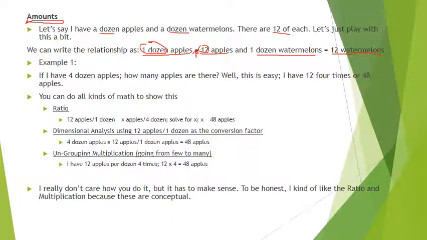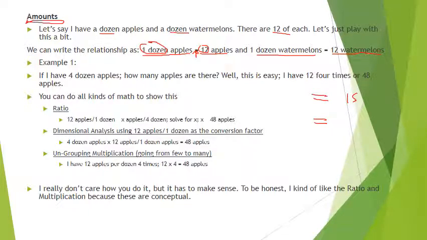Now, the equal sign here really means 1 dozen is 12 apples, and that's an important point in science. Equal often means is exactly whatever it is. 1 dozen is 12. But also, the equal sign is not actually an exact connection between the two things, 1 dozen and 12, but it's a relationship, and you really have to understand that.